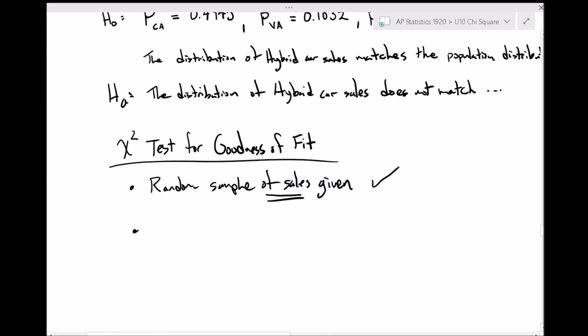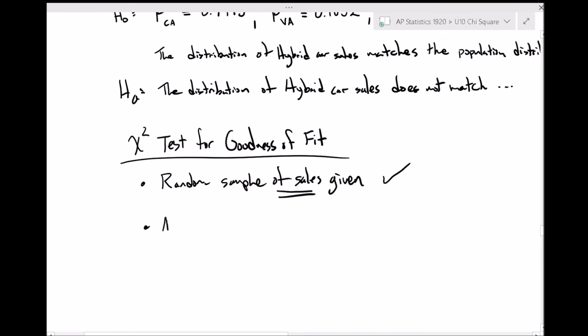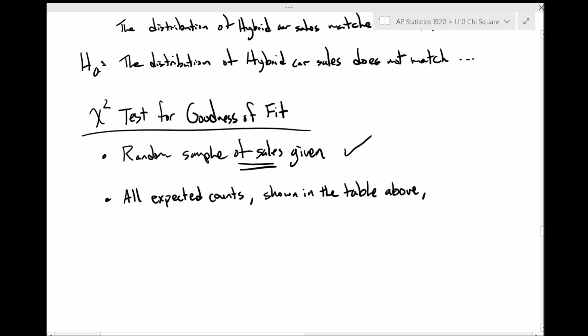So I'm going to go ahead and say all expected counts shown in the table above, just in case this were an AP exam and somebody was reading this, and I want to make sure that they know that I did the work, and I'll direct them to where that work is. All expected counts shown in the table above are greater than or equal to 5, check mark.